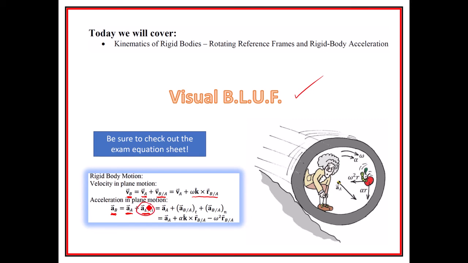That acceleration of B with respect to A can be broken down now into 2 parts. That's where this is different from rigid body velocity, rigid body acceleration. We have a tangential component and a normal component. And in one plane, that tangential component is the angular acceleration, alpha k, crossed with the relative position vector.